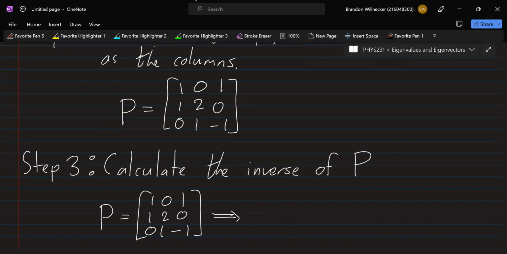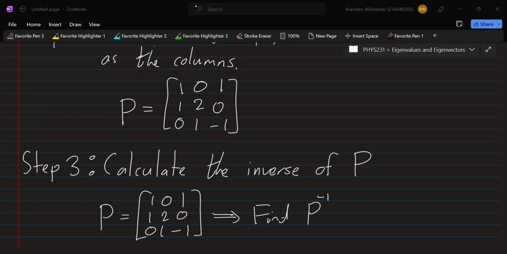From this, we find P inverse. Now P inverse will exist, so you don't need to worry about finding the determinant. But if you find an arbitrary matrix and try to diagonalize it, then check if you can invert it, because not all matrices can be diagonalized.